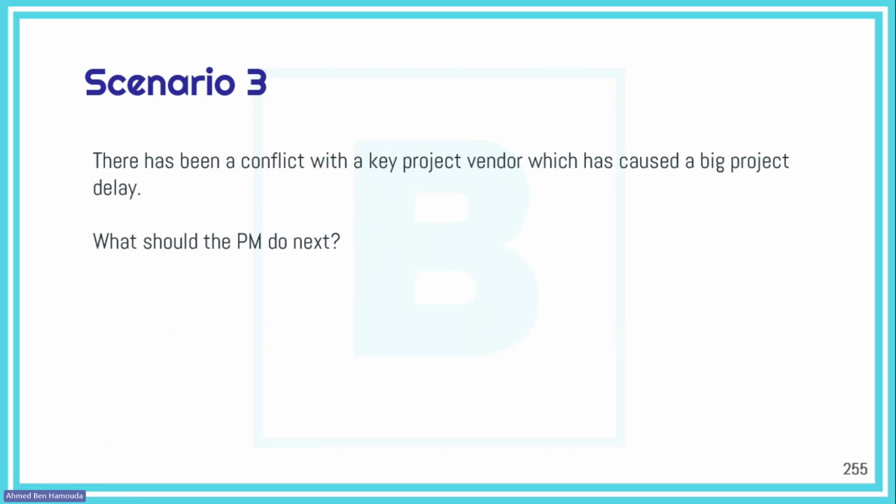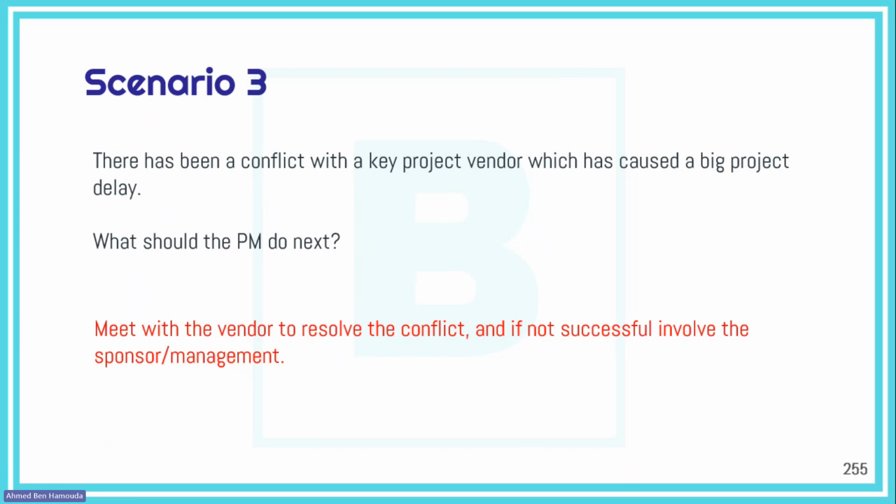There has been a conflict with a key project vendor, which has caused a big project delay. Okay, a big delay on the project. What should you do next as a project manager? Of course, these are the most famous situations in the PMP exam, but still, they come from real project scenarios. So as a project manager, you need to organize a direct meeting with the vendor.